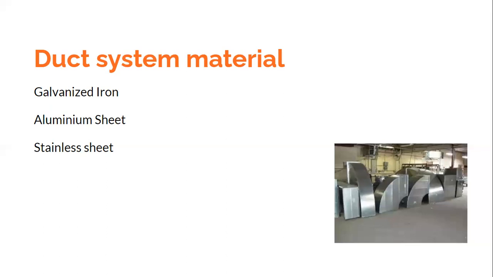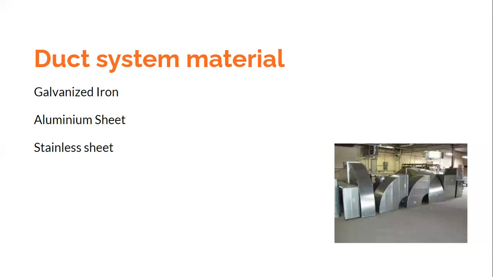When you are using GI, the reinforcement cost is low, and the joining cost is also low. If you go for aluminum sheets or heavier stainless steel sheets, then we might require more proper joints and joining methods. The simple joining methods cannot be used with stainless steel sheets, right?